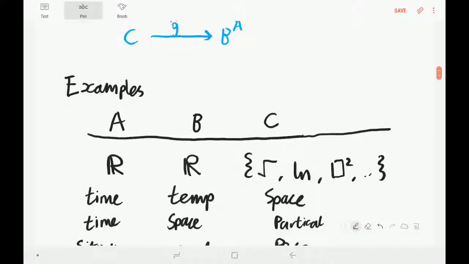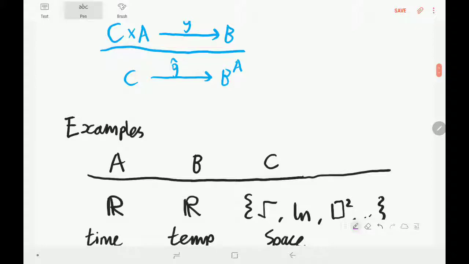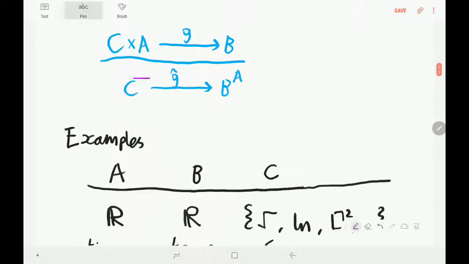So this first one's a nice example. Basically, we're talking about this correspondence here. Let's just take some examples. What about if A and B are both real numbers and C here is this set of unitary operations, functions that take in a number and spit out a number.